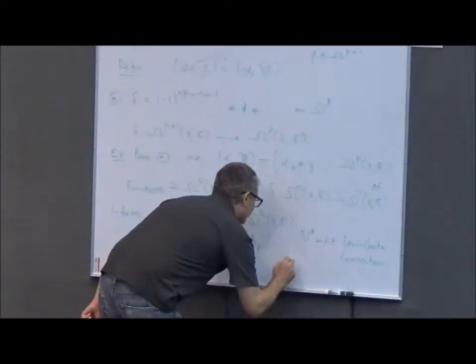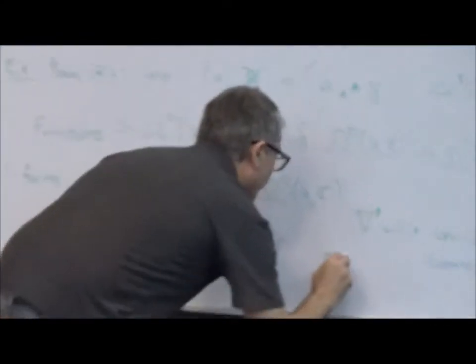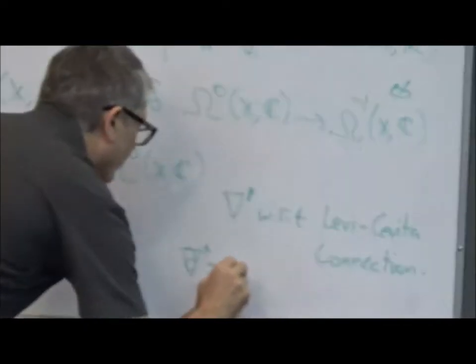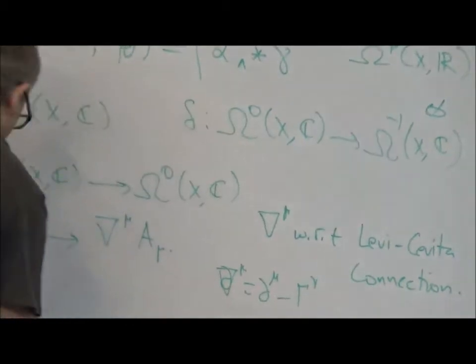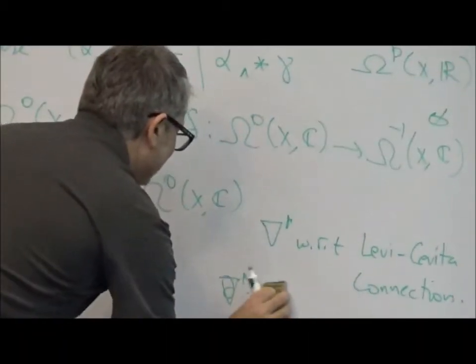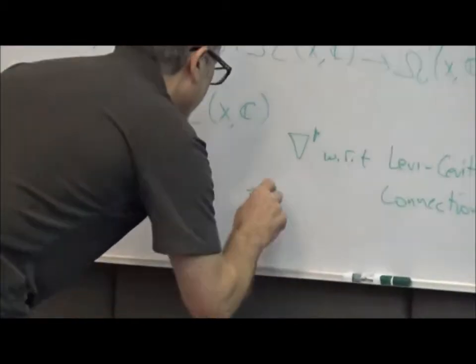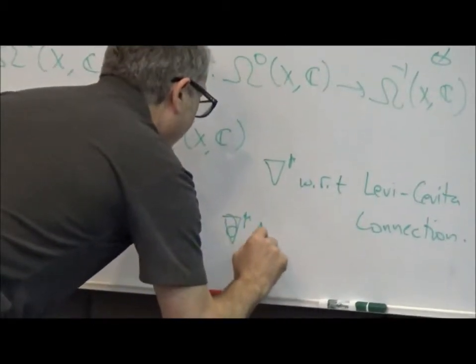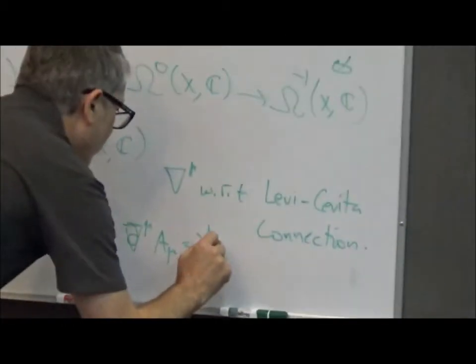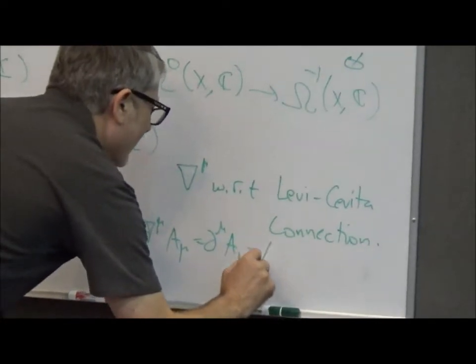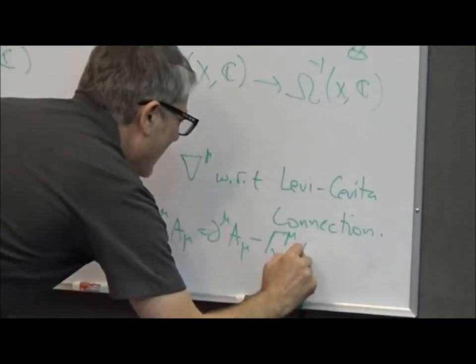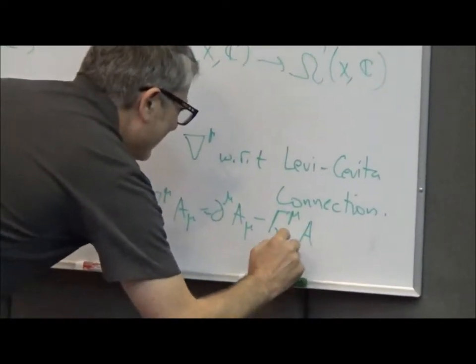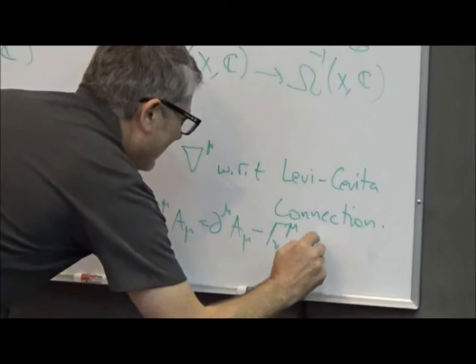So basically it means the following. It means the covariant derivative acting on a one form would be, somebody correct my signs, something like this. Is that the covariant derivative? Yes, and I think it's a minus in this case. Something like that. That'll work.